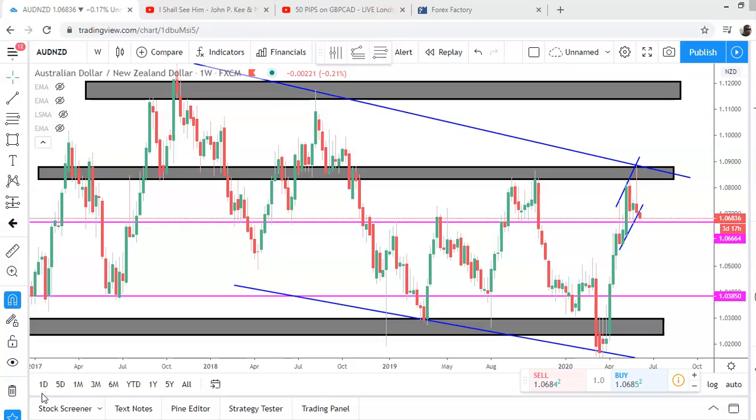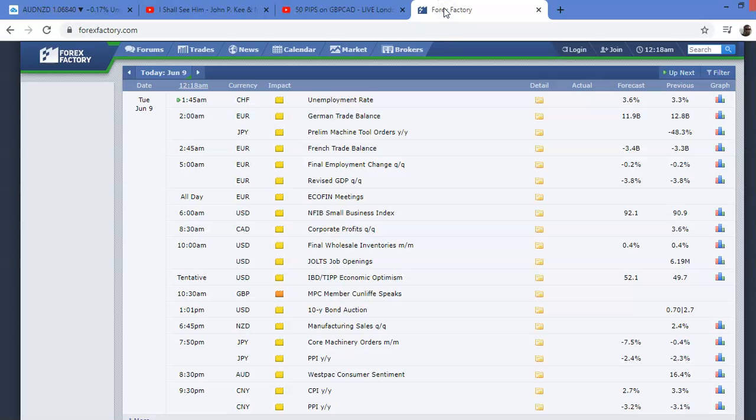But I definitely like to take time to first go to Forex Factory to see what type of news is going down. I always look for red folder news.